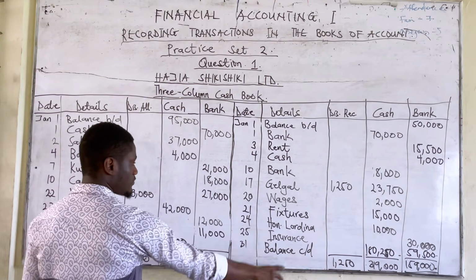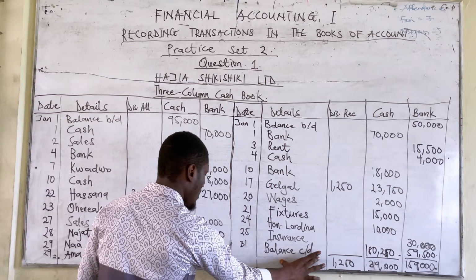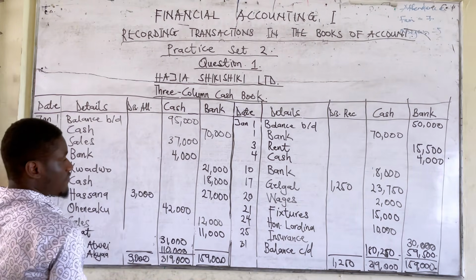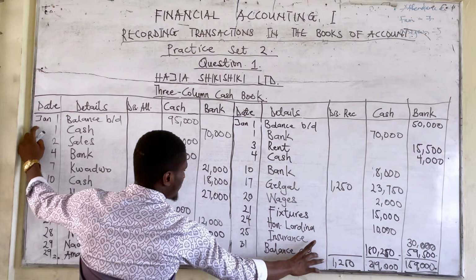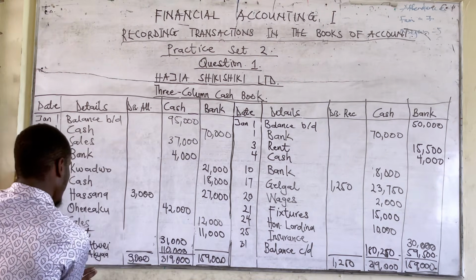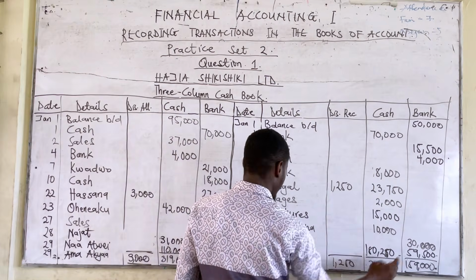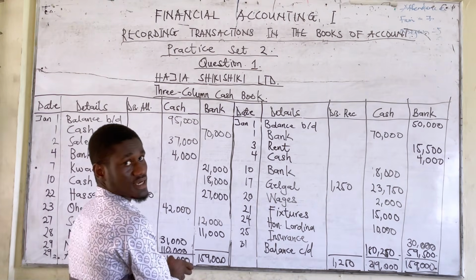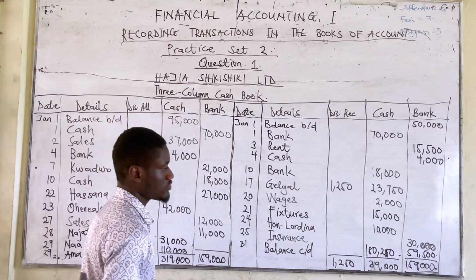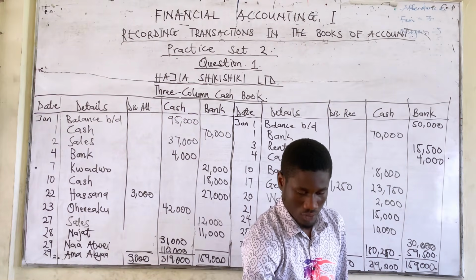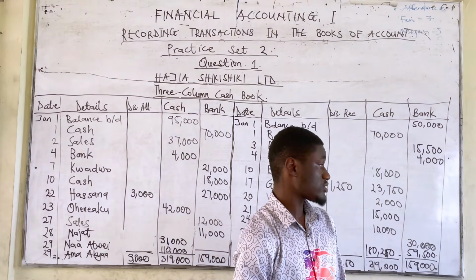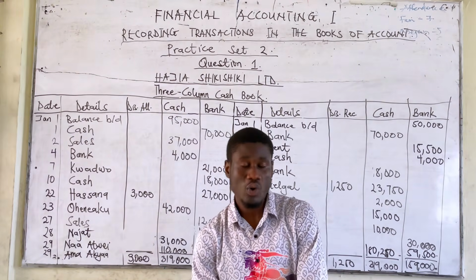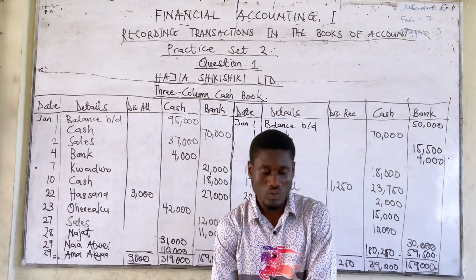So if there was space, February 1st, because this is the January 31st. So February 1st, balance B here, then I'll write the same amount here. Do you get it? Good. So that's all for this question. That's what the question said we should do. Good. So I hope you've understood it very well.